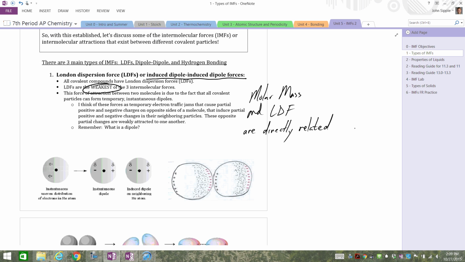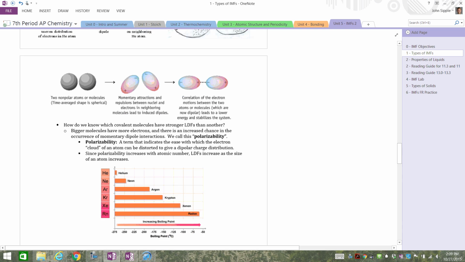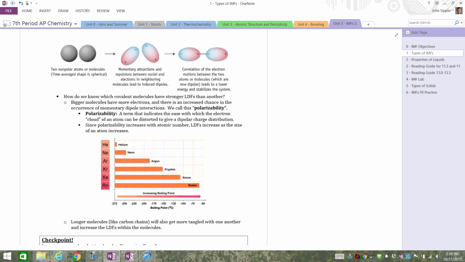But the bigger, fatter, squishier the molecule, the more, and this is where I can flip to the next page, it brings in the idea of, is it polarizable? A big, fat, squishy molecule is much more polarizable than a very small molecule holding on to the electrons really tightly.